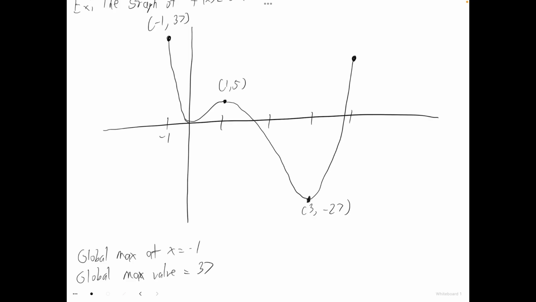Now, (1, 5) is going to be a local max. Well, (-1, 37) can't be a local max because it's at an endpoint. But (1, 5) is a local max, and so we have a local max at x equals 1, a local max value of 5.